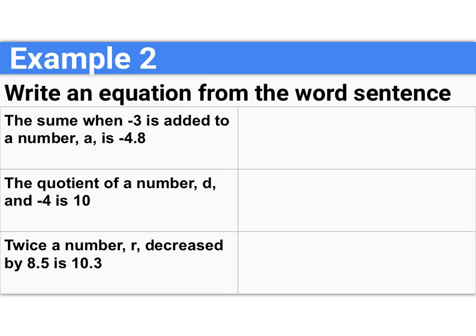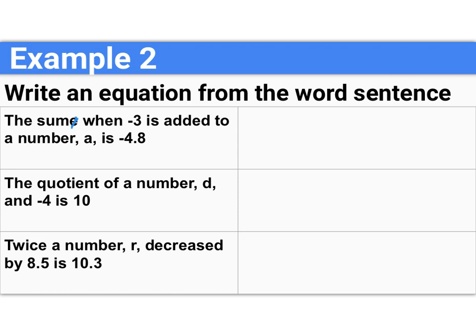Okay, so write an equation from the word sentence. This is something that we practice. The sum when -3 is added to a number a is 4.8. The quotient of a number d and -4 is 10. Twice a number r decreased by 8.5 is 10.3.